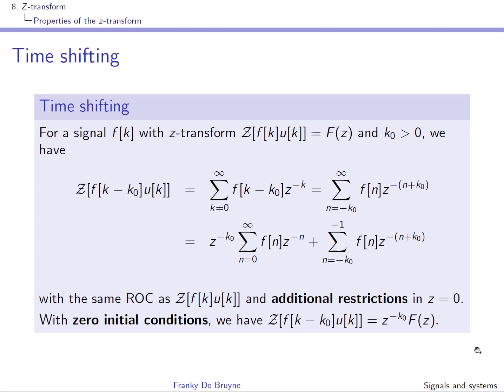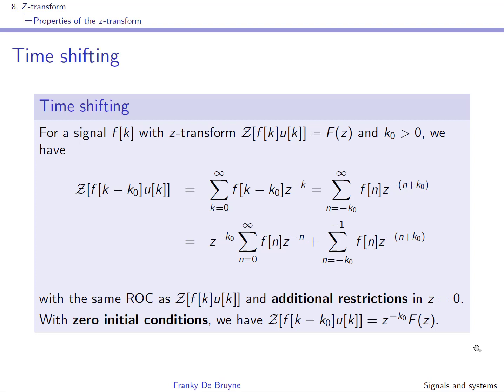So this is how the initial conditions are going to enter into play, and this Z transform of a time shifted signal plays exactly the same role as the Laplace transform of a derivative of a signal in the Laplace domain.